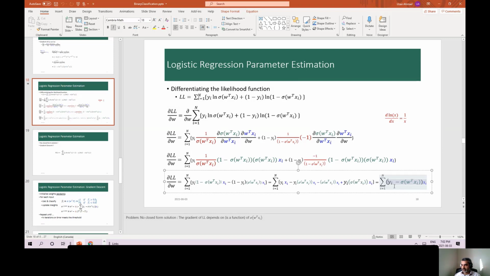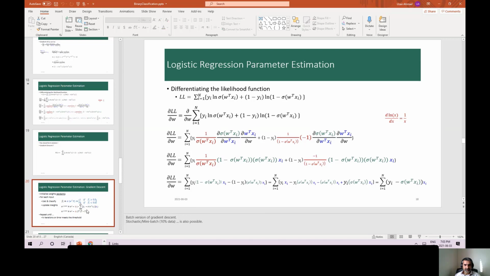We couldn't find it useful at that time because it depends on W transpose X, which we are trying to solve for W, and the solution that we thought will lead us to W is again depending on W, right? So we left it there, but it was not that useless.